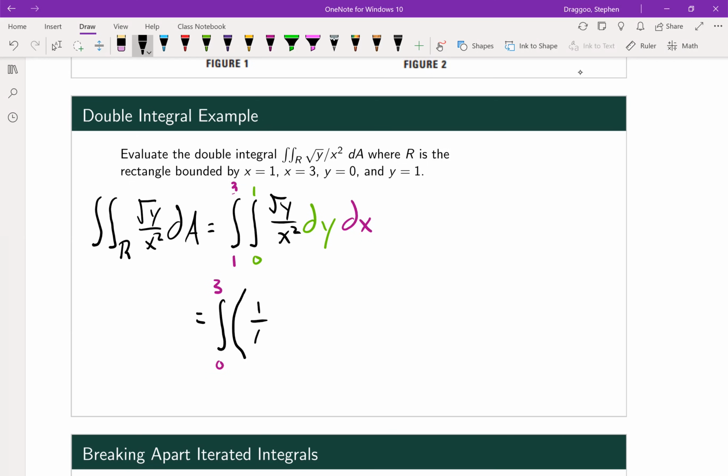This will be 1 over x squared times y to the 3 halves divided by 3 halves. So that should be 2/3 y to the 3 halves. And we want to evaluate from 0 to 1. Close off that piece and then keep dx hanging out.